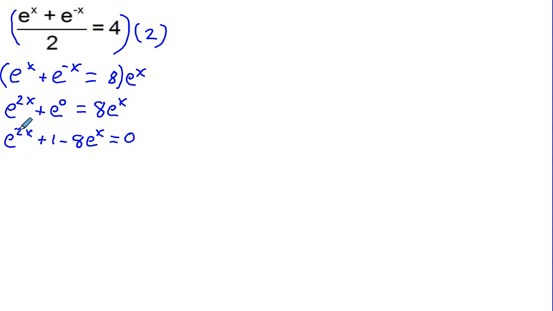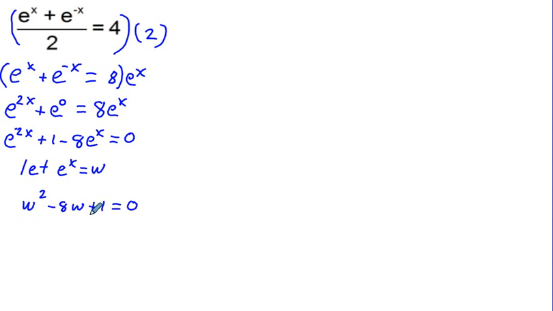What I'm going to do is make a substitution for e to the x: let e to the x equal some unknown or variable we'll call w. And so we're going to rewrite this: e to the 2x becomes w squared, minus 8e to the x is going to be minus 8w, and we have plus 1 is equal to 0.